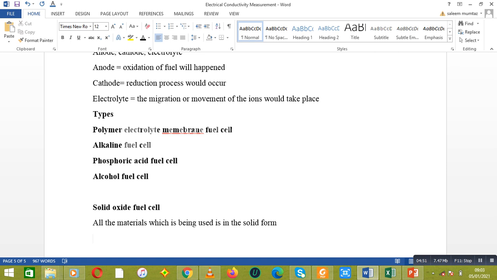Just like a simple fuel cell, it also has three components: anode, cathode, and electrolyte. The electrolyte is sandwiched between the anode and cathode.